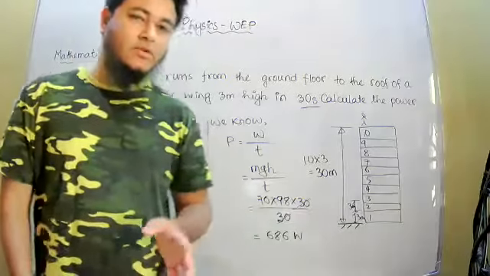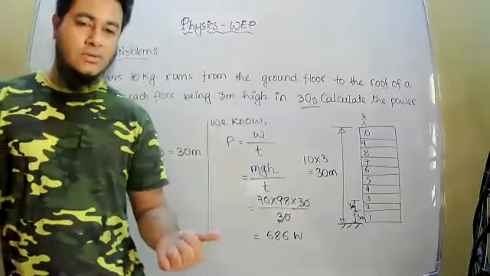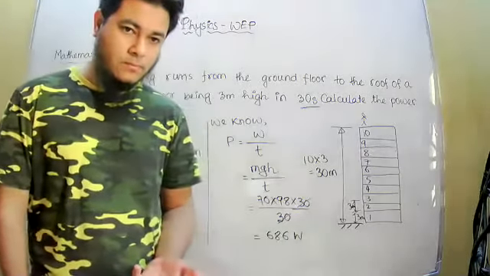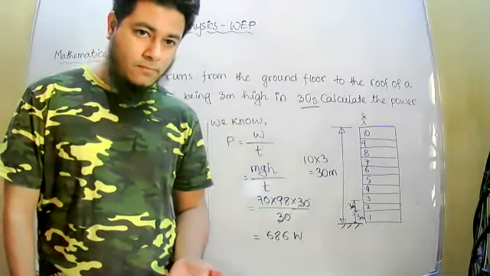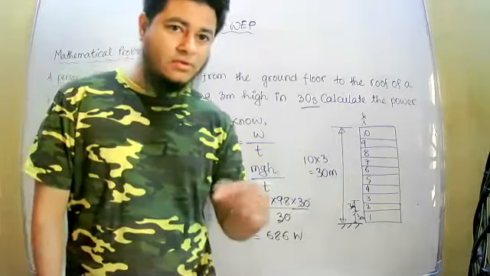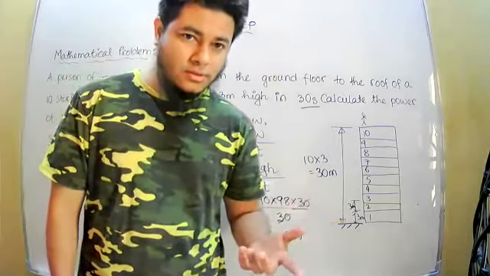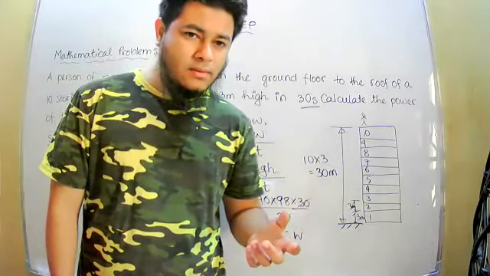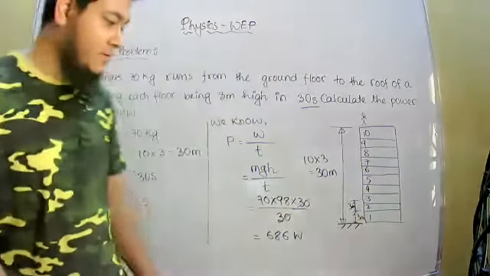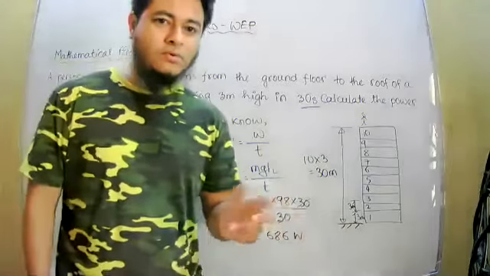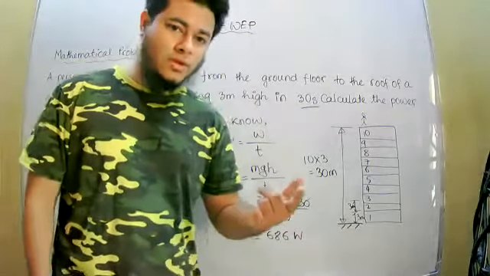So if I tell you to convert meter to kilometer, what do you do? You divide by 1000, right? From meter to kilometer, if you want to convert, then you divide by 1000.